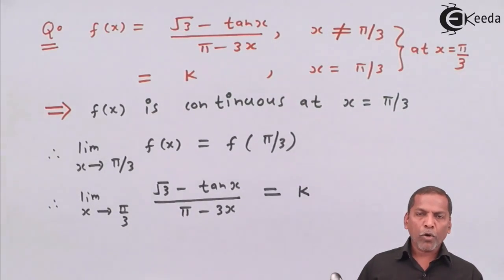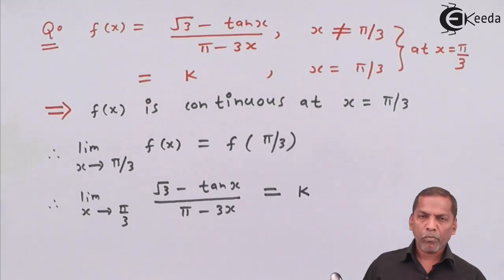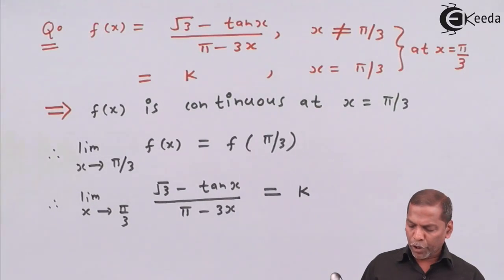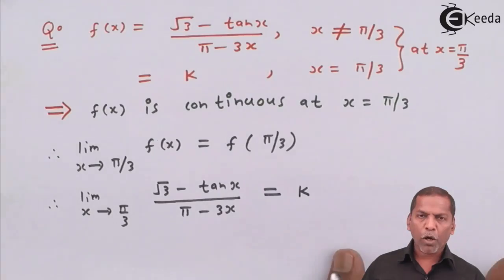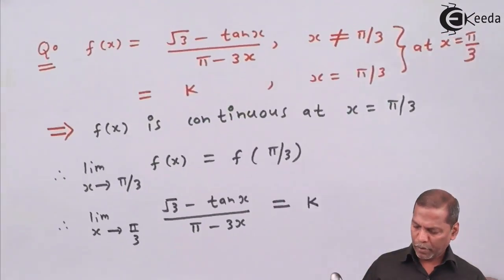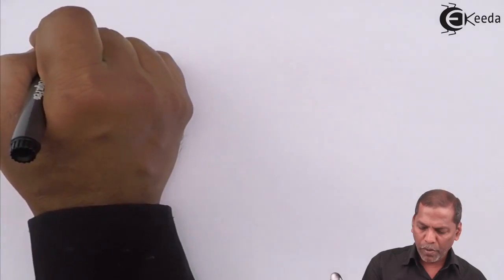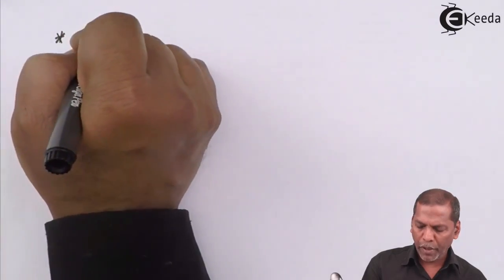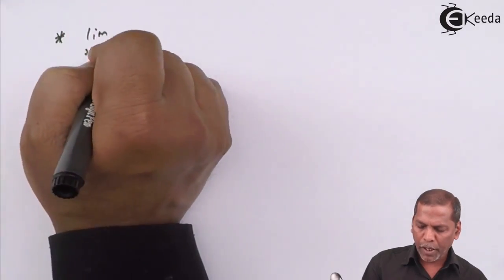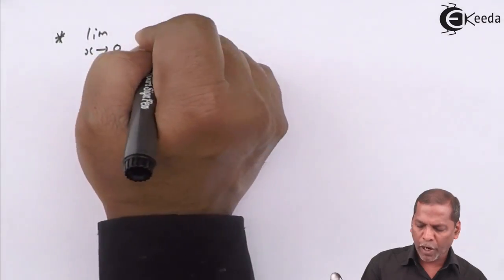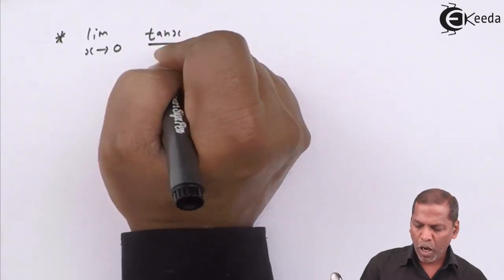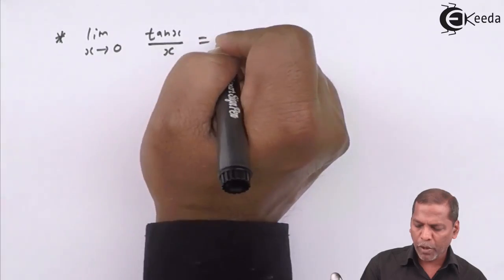Now here we have to solve this limit. Since the question is totally based on the function tan x, and the limit rule connected with tan function is limit x tends to 0 tan of x upon x is equal to 1.